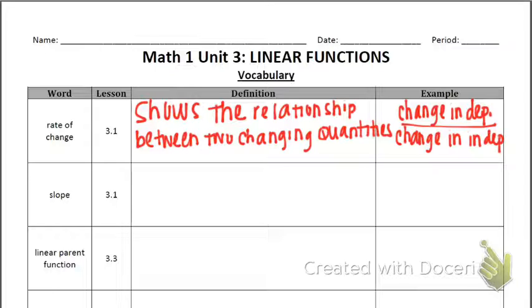Okay, so it's the change in dependent variable over the change in independent variable, which should make sense. When we're talking about miles per hour, that's a rate of change, right? And your miles would be your dependent variable, and the hours is the independent variable. So your rate of change is always going to be dependent over independent.